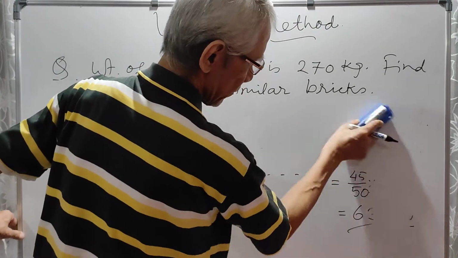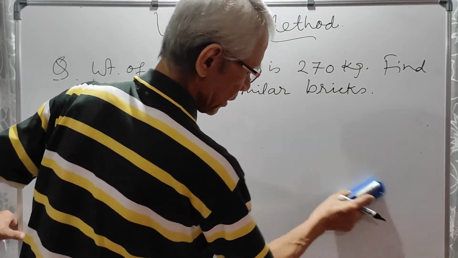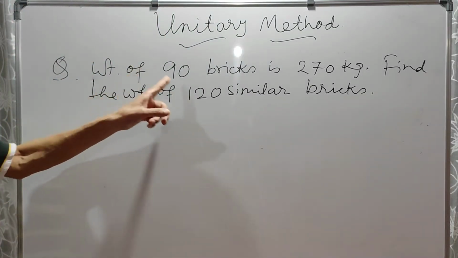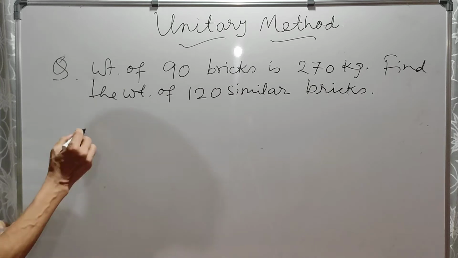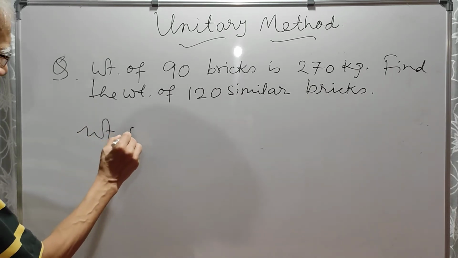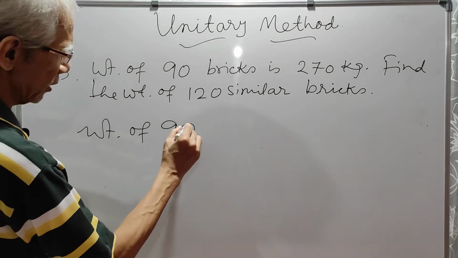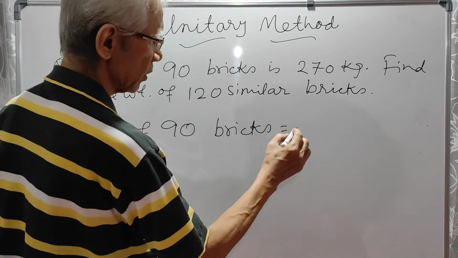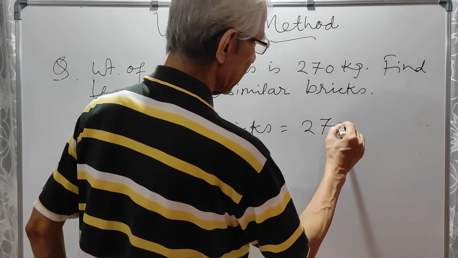Now what will be the first line? Weight of 90 bricks equal to 270 kg.